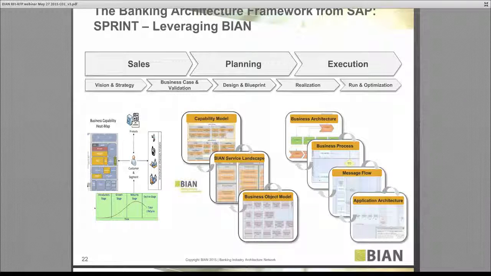In a starting point, when we talk about business capability heat mapping, a kind of assessing where you are today, assessing where you business-wise would like to go, where you would like to set priorities, in this vision and strategy part, that is a phase where we haven't experienced BIAN at this point in time.